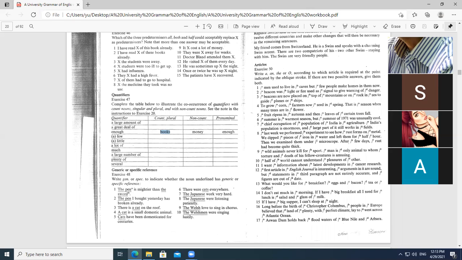We dipped pieces of iron in water, zero article, and left them for half an hour. Here we have the article an before hour.